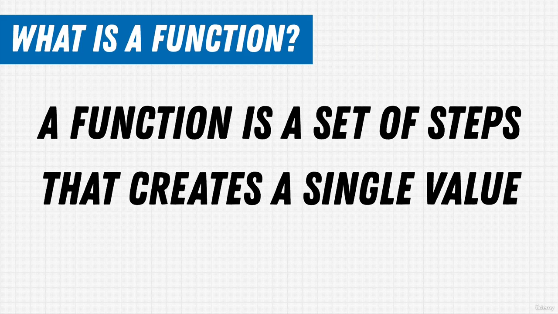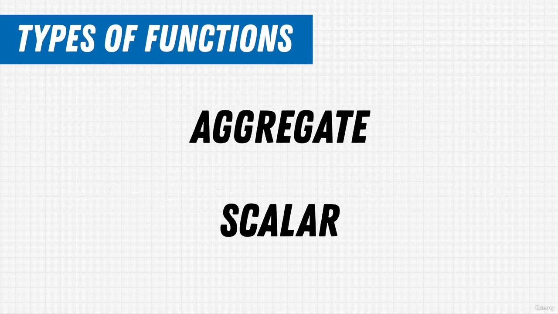So now that we know what a function is and we've defined what it is, you may ask yourself, well, what type of functions are there? And so you have two types of functions. You have aggregate functions and you have scalar functions. All right, I can see your head spinning, being like, aggregate, scalar, what do these words mean? They're simpler than they sound.